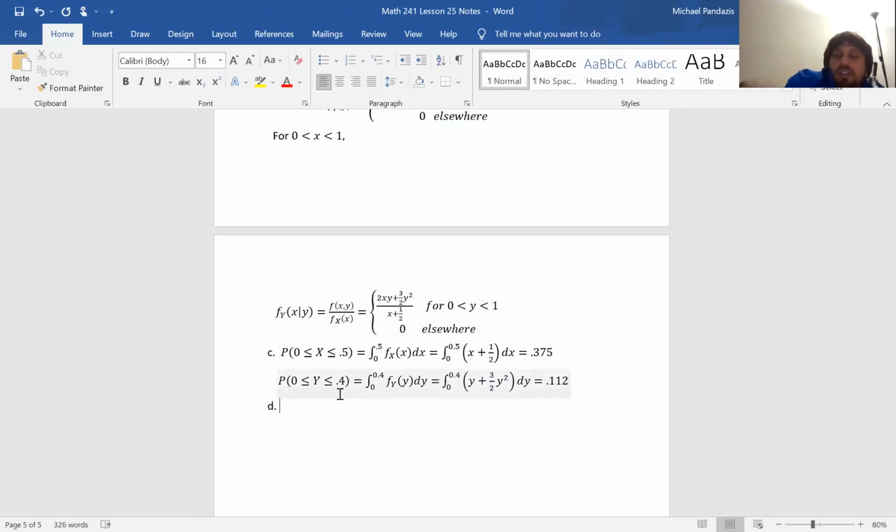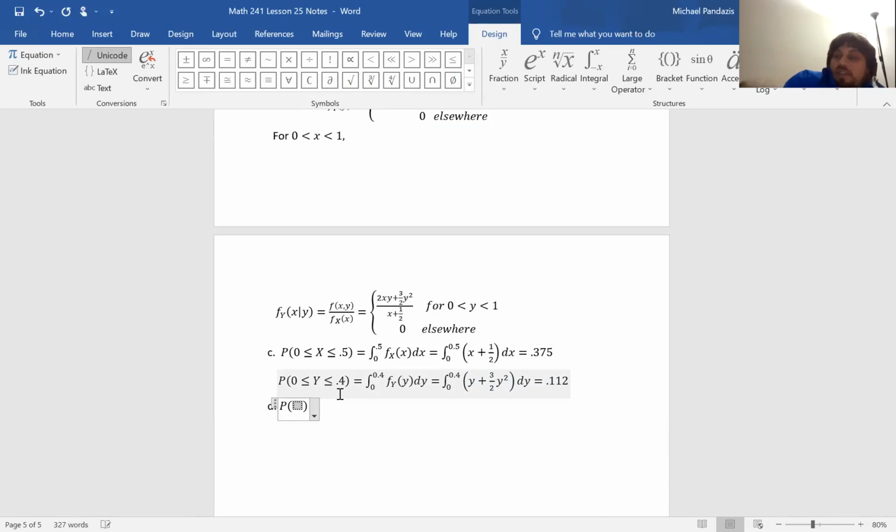In part D, we're going to find the probability that 0 is less than or equal to x less than or equal to 0.5, given y equals 0.3. And this is equal to the definite integral from 0 to 0.5 of f sub x given y, sorry, f sub x of x given 0.3 dx.